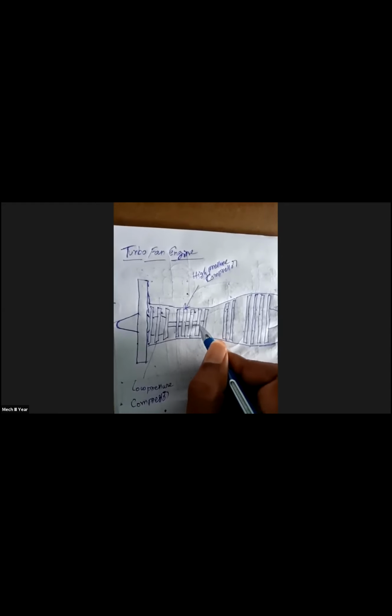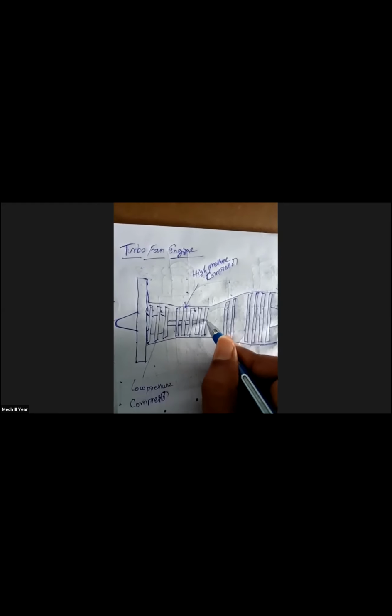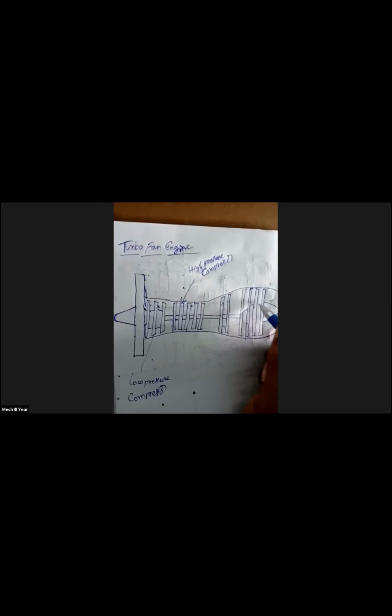Here also we are going to fix two types of shafts. One is low pressure and another one is high pressure. Okay, one is low pressure and another one is high pressure. Like this. Okay.